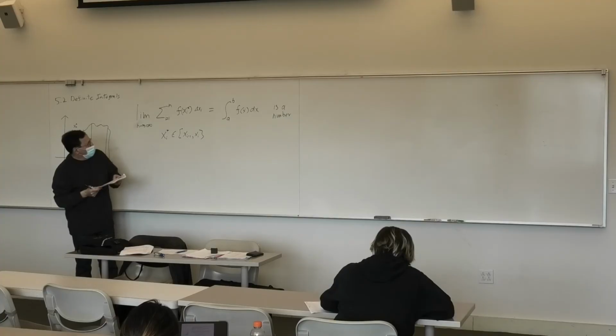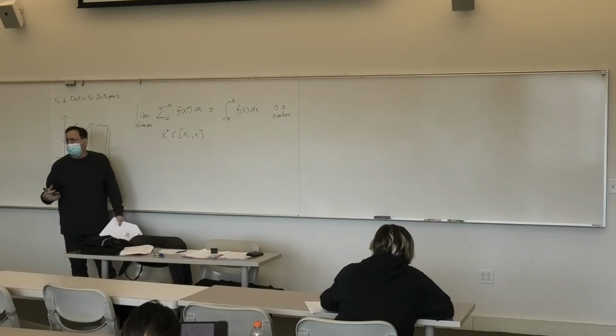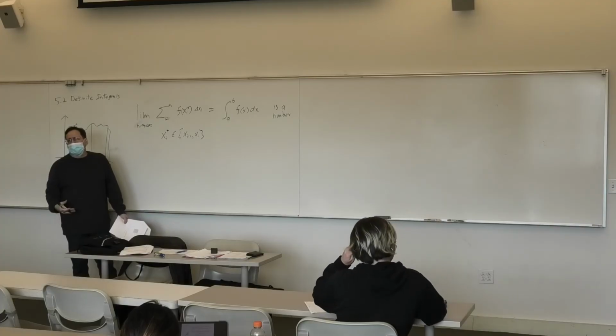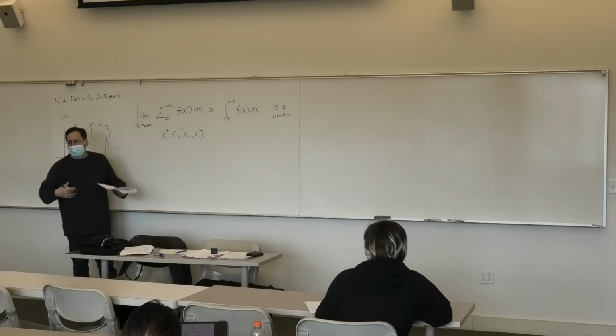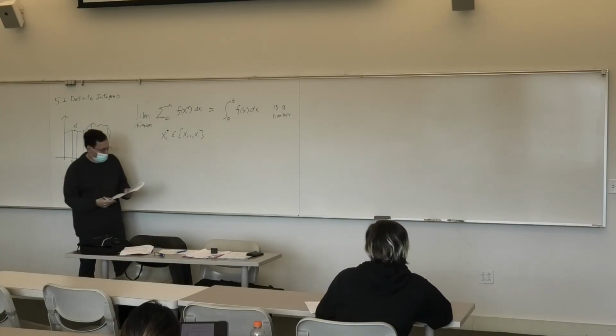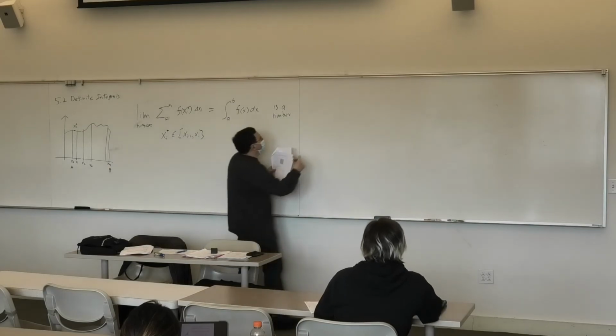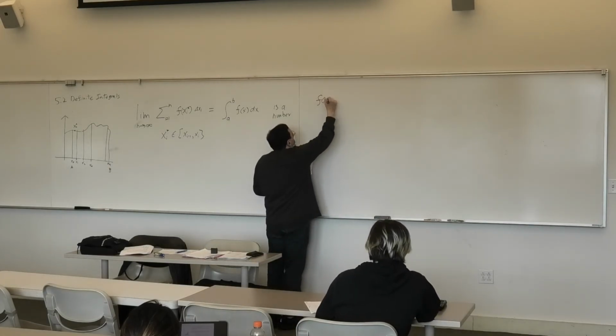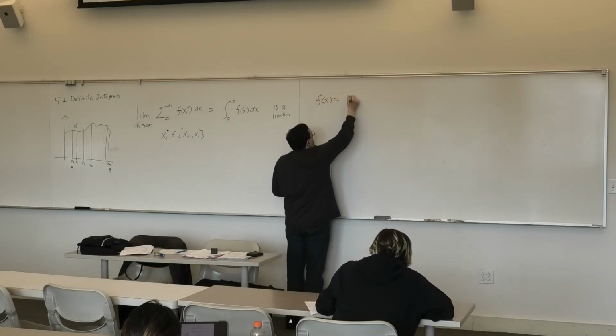So I want to start off with just a couple of really simple examples to lead us to where we're going with this. Look at the function f of x equals some constant.